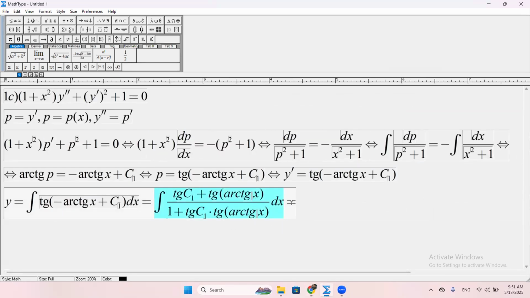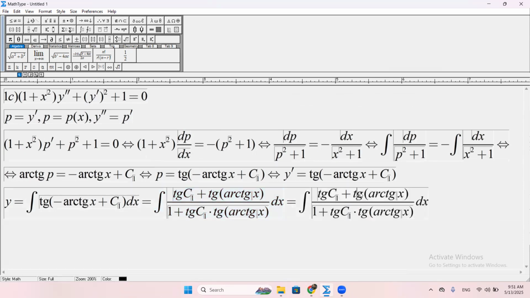So let's simplify this integral a little bit. So here x, and here x as well. So we have the following integral, and this is a rational fraction. Tangent C1 is just a constant.